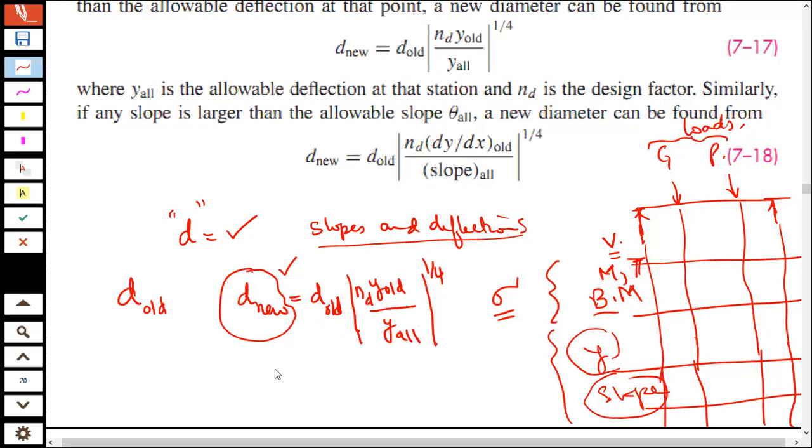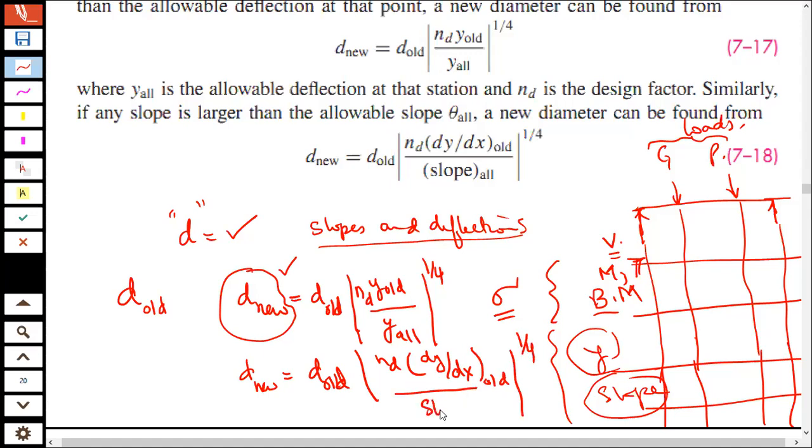Similarly, even if the slope is not working, your new diameter for the slope will be your d old multiplied by nd, and dy by dx is slope basically, the slope that you just calculated for the old, to the power 1 over 4, and the allowable slope from the table, the one that we just saw from the table.